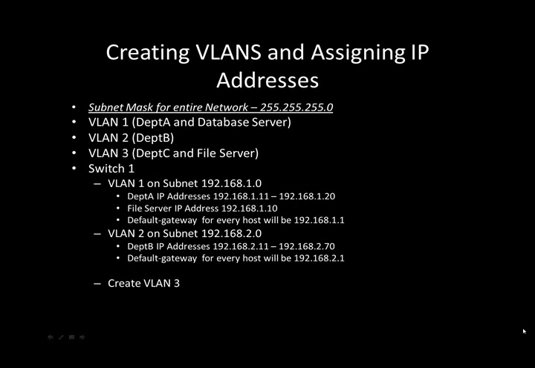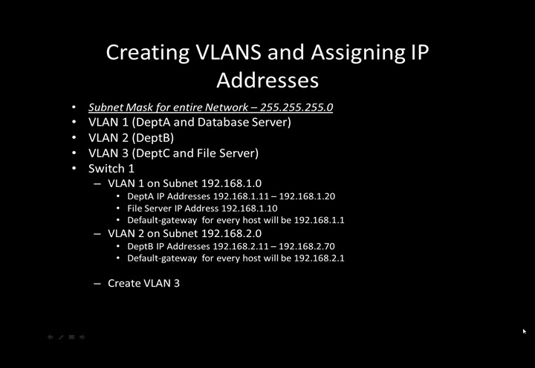Now we're creating VLANs and assigning IP addresses. The subnet mask for the entire network we used is 255.255.255.0. VLAN 1 includes Department A and Database Server. VLAN 2 includes Department B. VLAN 3 includes Department C and File Server. For switch 1, we used VLAN 1 on subnet 192.168.1.0. Department A IP addresses are 192.168.1.11 through 192.168.1.20.